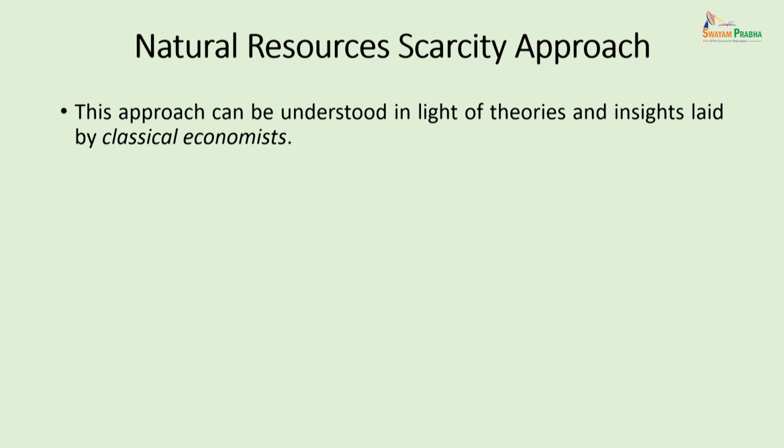This approach can be understood in the light of the theories and insights laid by the classical economists. Even though these classical economists did not specifically give any theories or research on environment, what they said at that time in their theories is very much relevant to the subject of environmental economics.